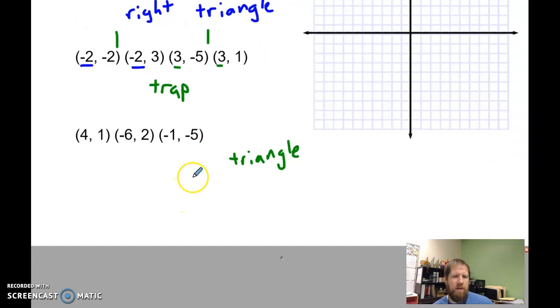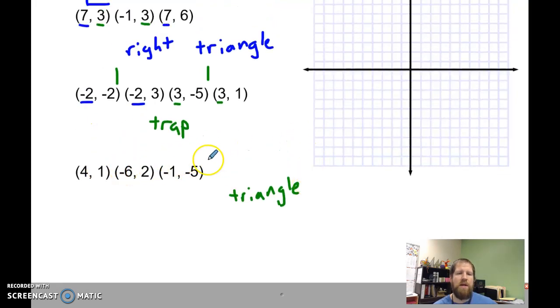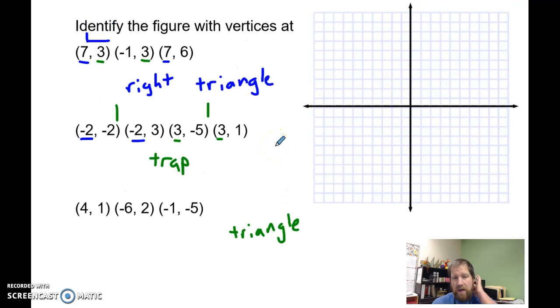Now, does it have any points in common? 4, -6, -1, nope. 1, 2, -5, no. So it doesn't have any points in common. Now, that doesn't mean that it can't be a right triangle, okay? But it does mean that it's not going to have points that are in the same horizontal or vertical plane, right? We could have a right triangle that forms its right angle, something like that.